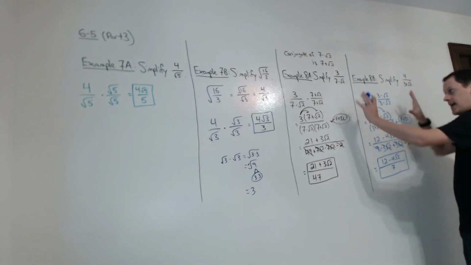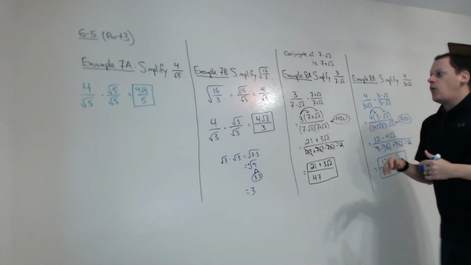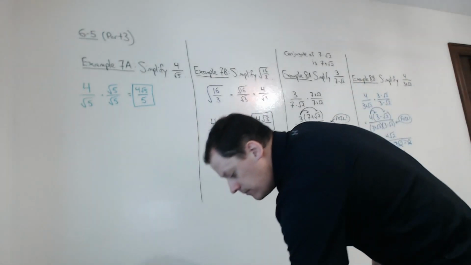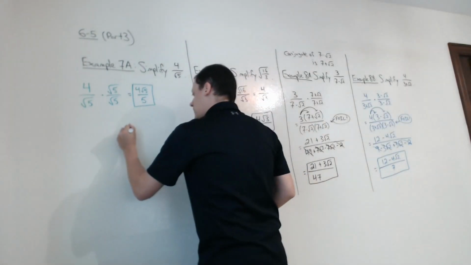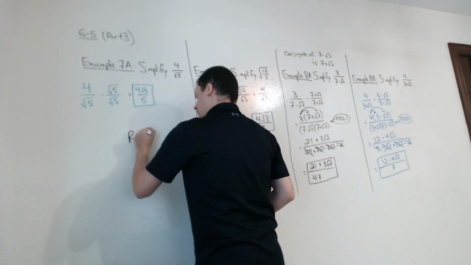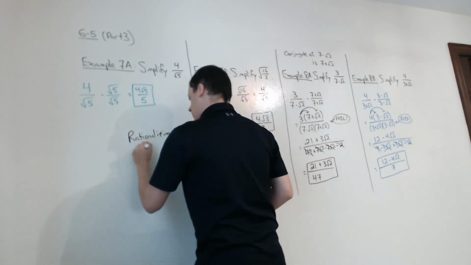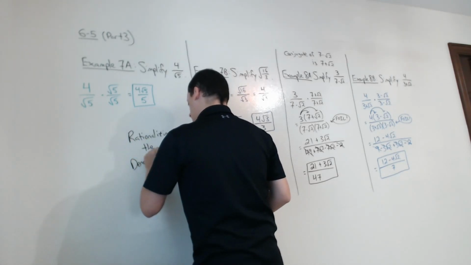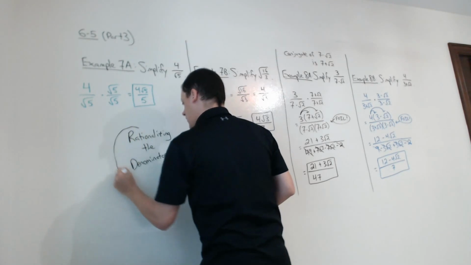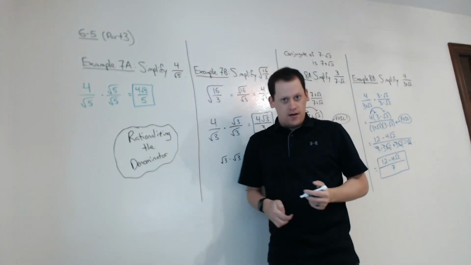This process that we've talked about in these 4 examples, where we have a root on the bottom and we want to get rid of it, that process is called rationalizing the denominator.